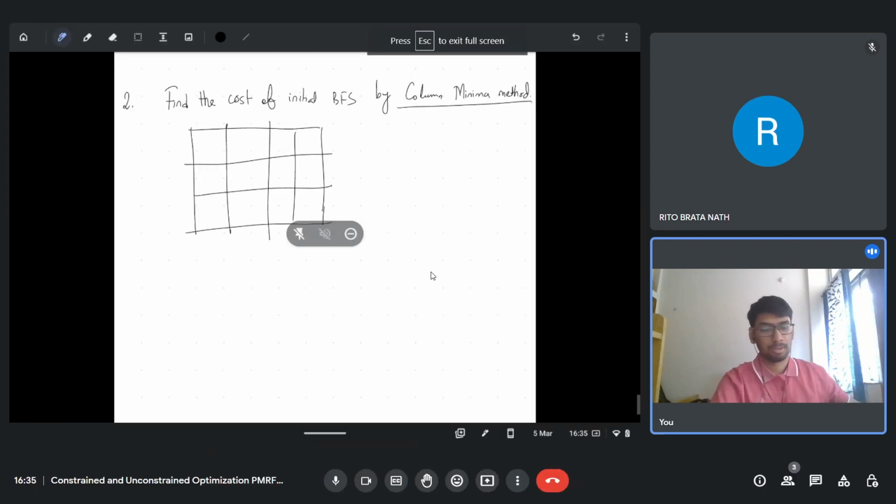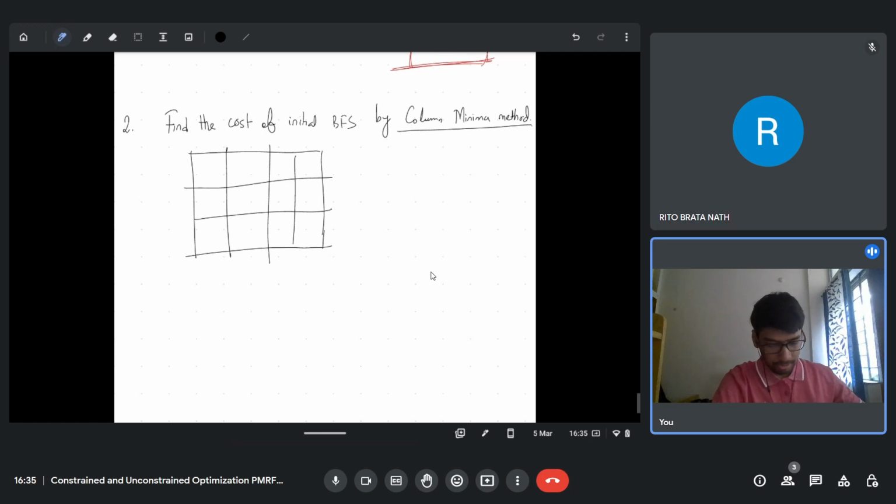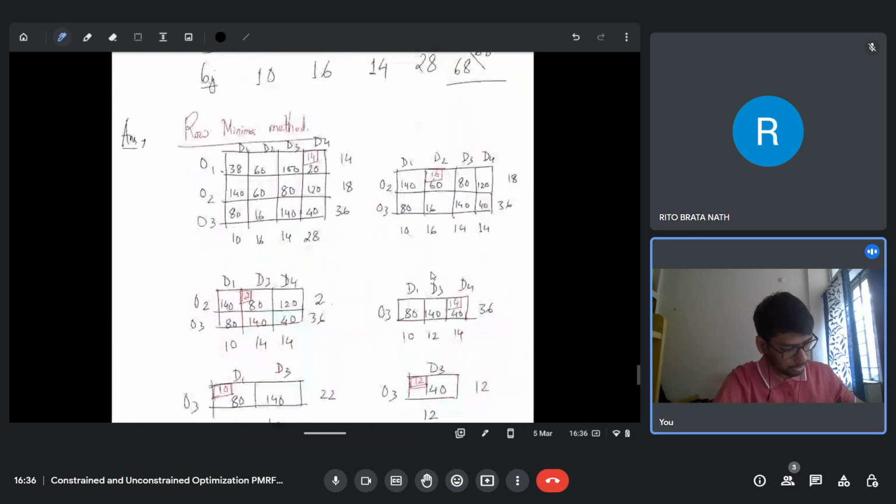Okay, so let me solve this one. So find the cost of initial BFS by column minima method, and let me write down the costs just before. Plus 38, 60, 100, 20. So hope I'm writing it correctly.